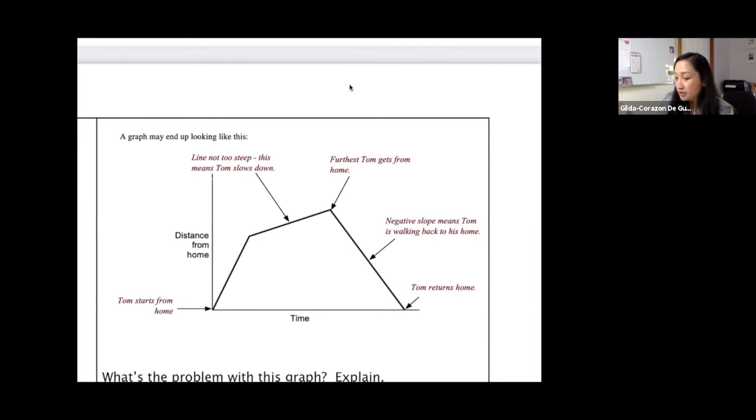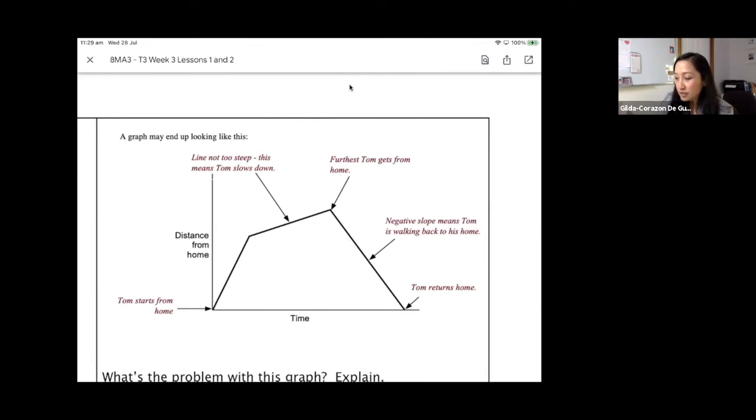And then you've got that point there, the corner, the peak, that would be the furthest that Tom gets from home. And then the negative slope. So when it's leaning to the left, you have a negative slope. So when you have a negative slope, that means Tom is walking back to his house, right? And then when it reaches the horizontal, then that means Tom is back home, okay?